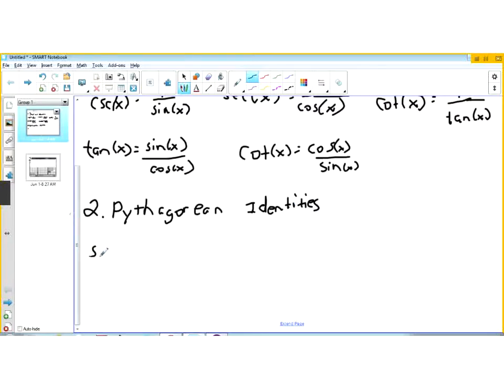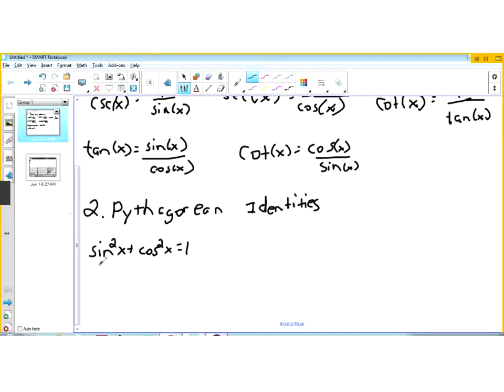Okay, and so these are relations such as sine squared x plus cosine squared x is equal to 1. Or if it's not the unit circle, we'll have something different, but we'll talk about that later.